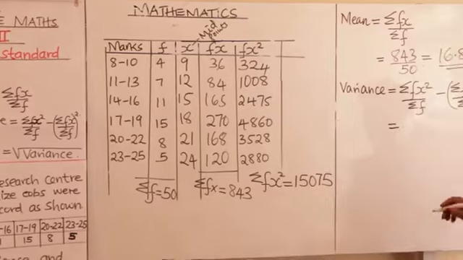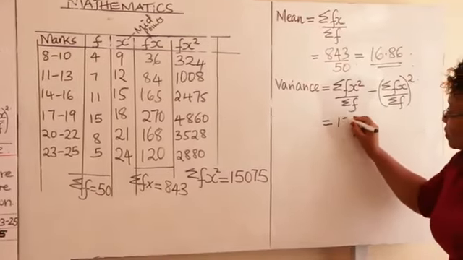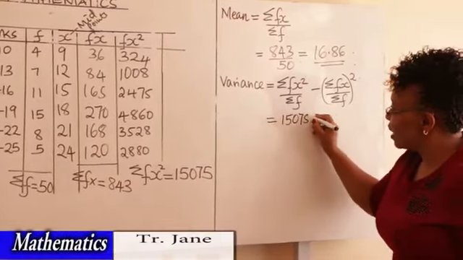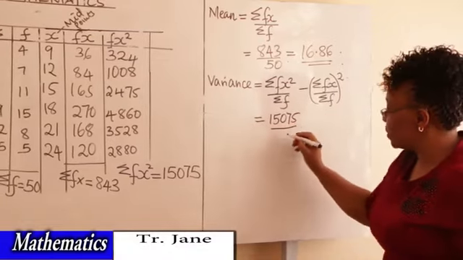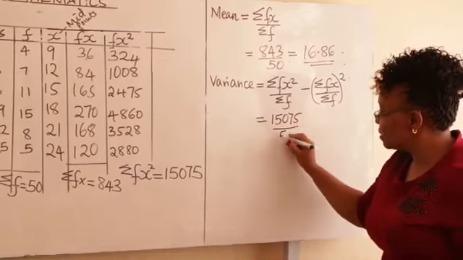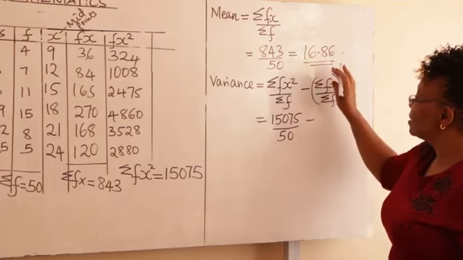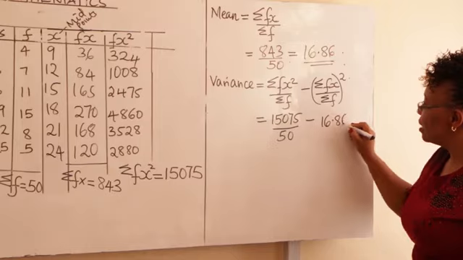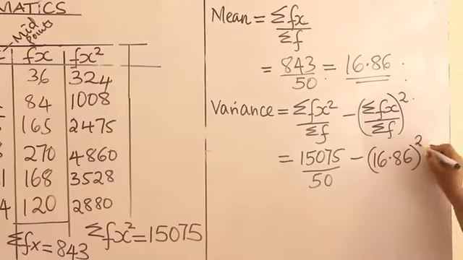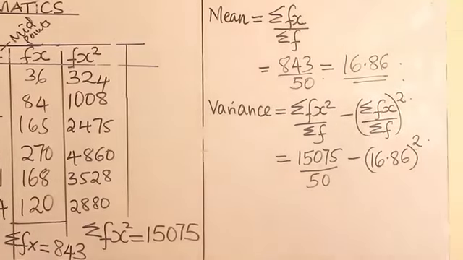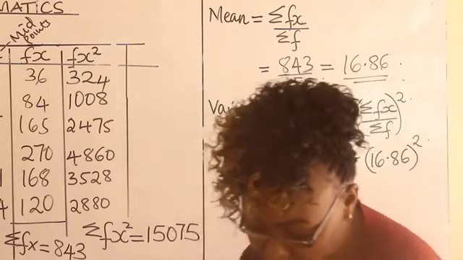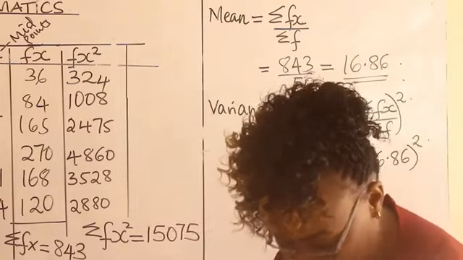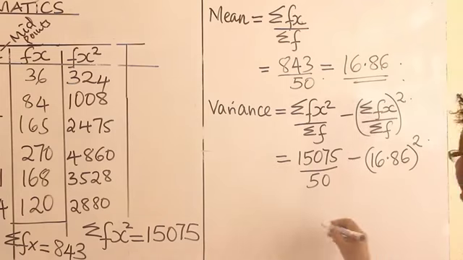So the variance will be equal to 15,075 divided by the frequency total. Total frequency is 50, minus your mean, this is mean squared. So you work it out using a calculator, learner.